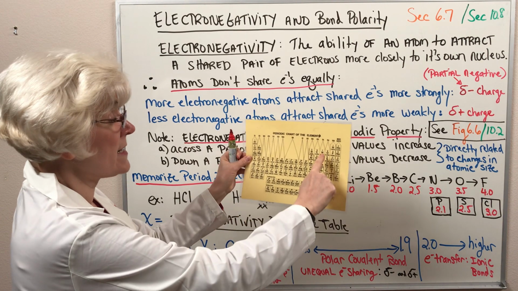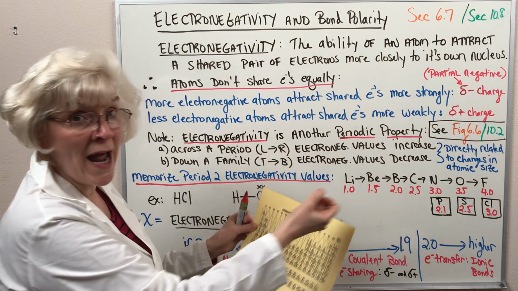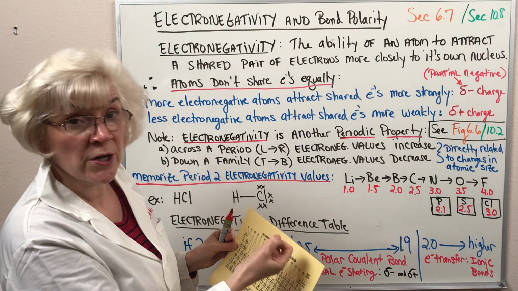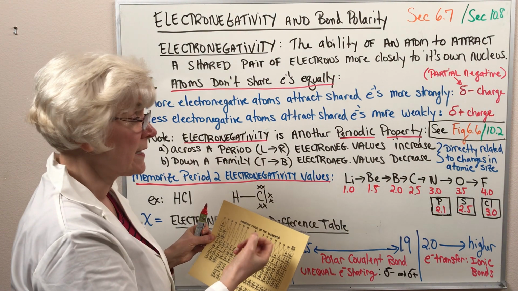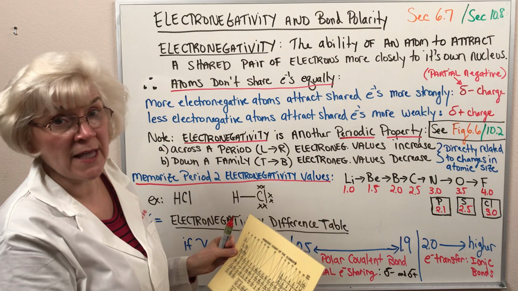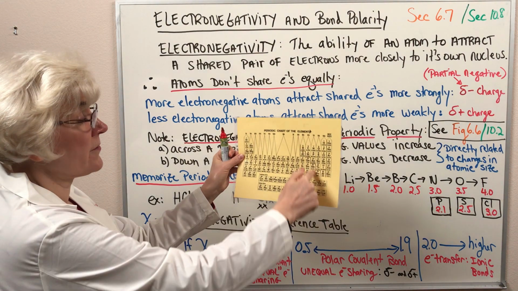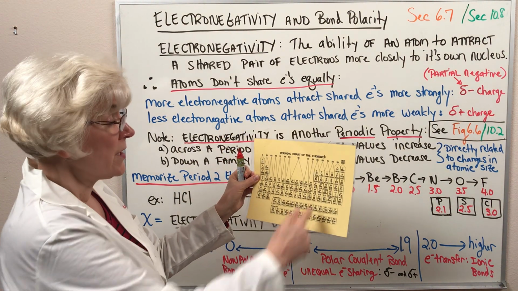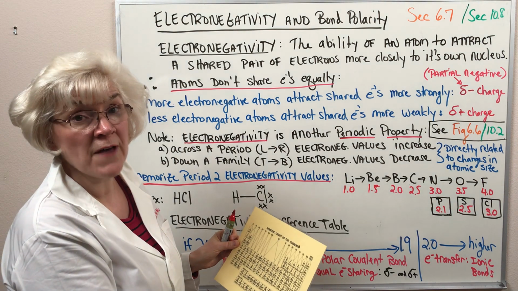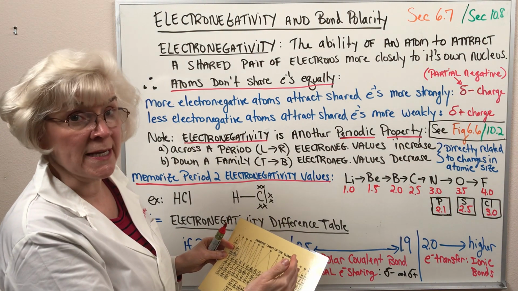That means nonmetals can attract a shared electron pair more closely to their nucleus better than metals can. As you go down a family top to bottom, electronegativity values decrease.